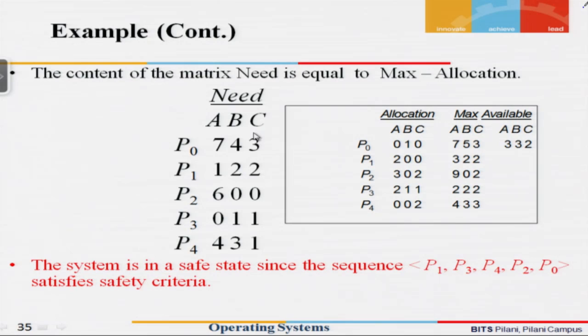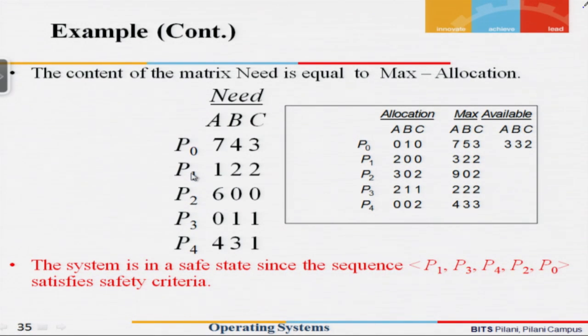If we say that Pi's need is less than availability, that essentially means all 3 values here are less than the corresponding 3 values here. Only then is it less, otherwise the condition gets violated. So in this case P0 cannot start because the need is 7 4 3.